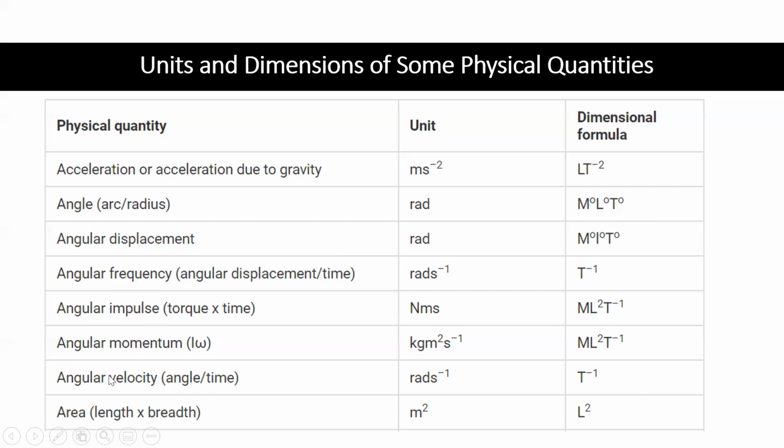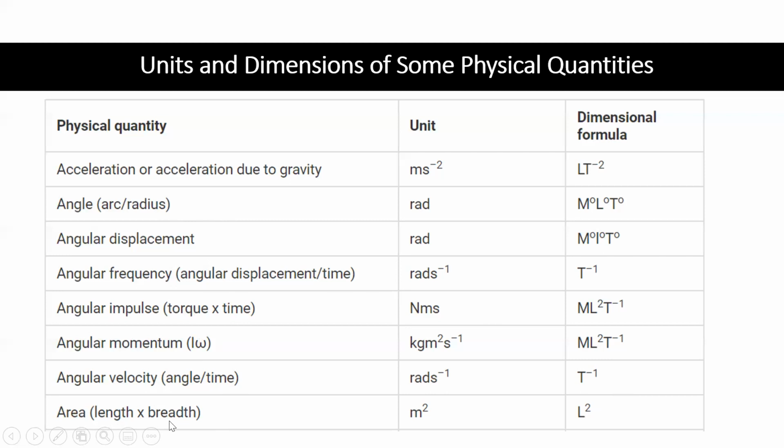Then angular velocity. Angular velocity is again angle divided by time. Angle, you know, doesn't have any dimensions, and it is divided by time. So T raised to minus 1. So angular velocity has a dimension T raised to minus 1. Then area. What is area? Length into breadth. Length is a length.